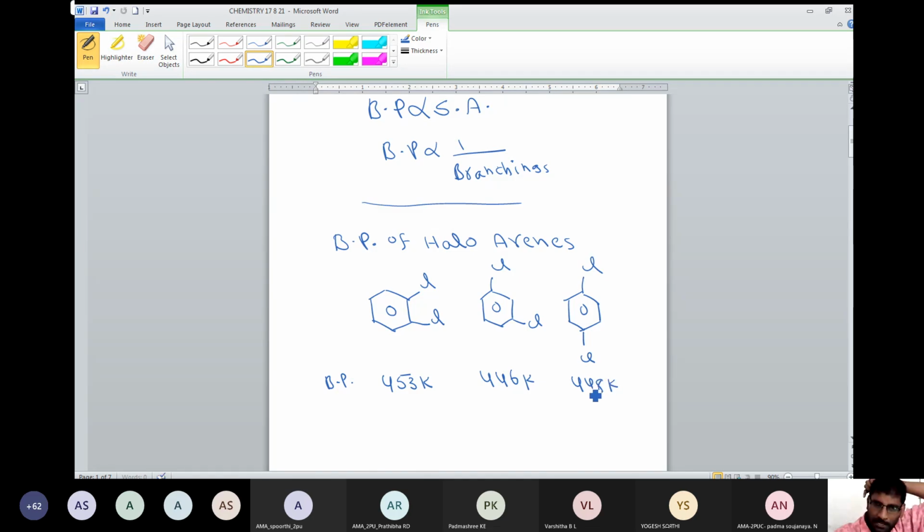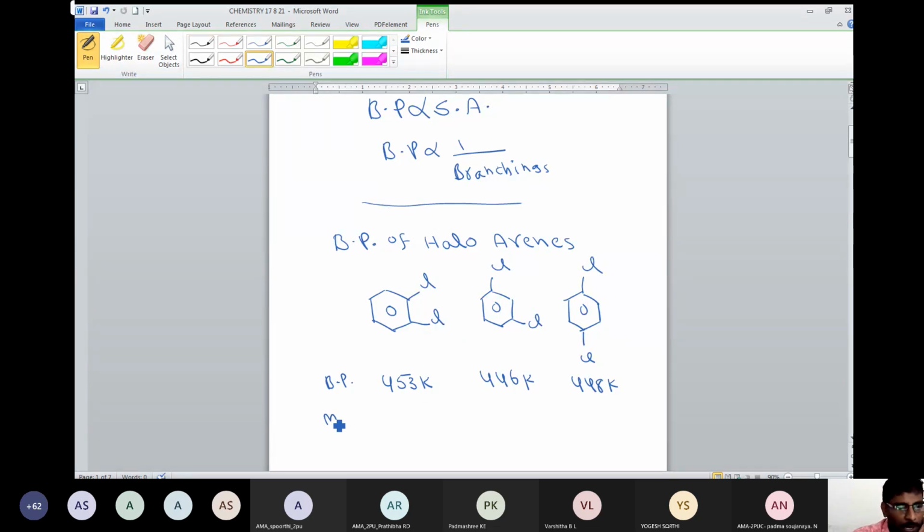Mostly they don't ask the values, I am just giving them as an example. Observe these values 453, 446, 448, all are nearly the same. So there is no very large difference in boiling point in haloarenes.